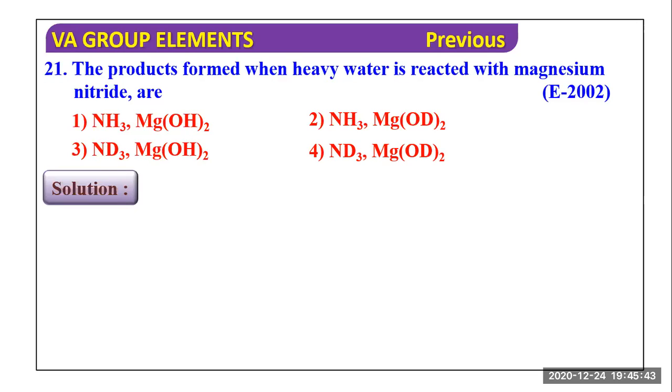Now it will be option 4, that is ND3 and Mg(OD)2, like this. In place of hydrogen there is deuterium, there's no problem.